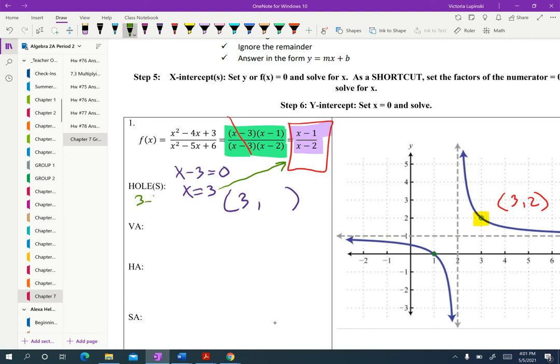So 3 minus 1 over 3 minus 2. 3 minus 1 is 2. 3 minus 2 is 1, which is how you know that there is a removable discontinuity, or a hole for short, here at the point 3 comma 2. And again, we have graphed it for you. We're just trying to make sure you understand how the two things are related.